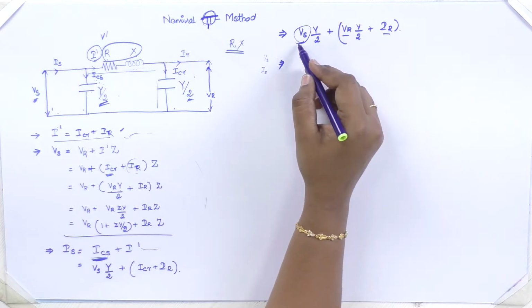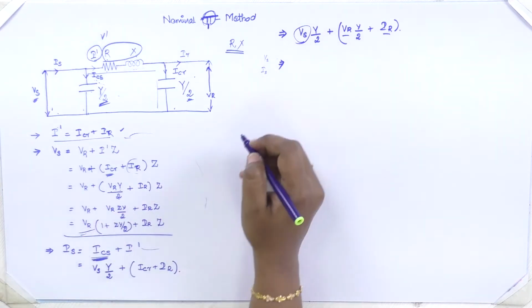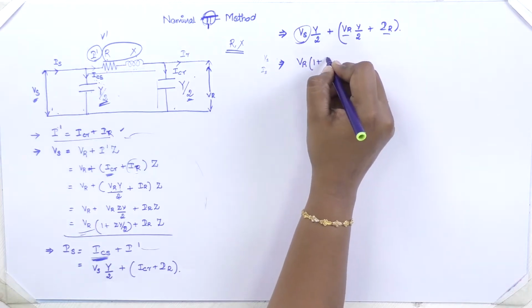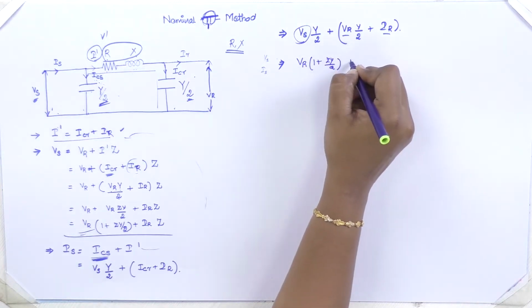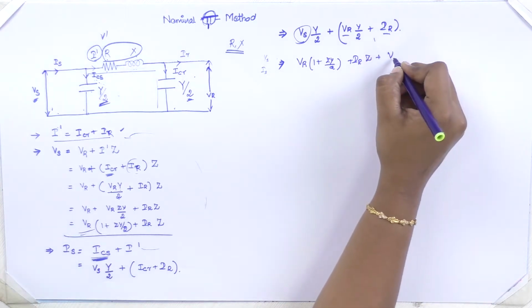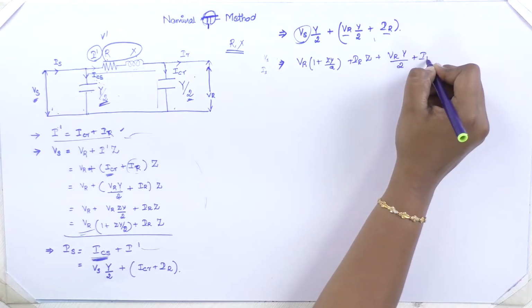I want the equation in terms of VR and IR. I don't want Vs. Instead, I am substituting the value of Vs. We have already calculated that as VR into 1 plus ZY by 2 plus IR into Z, plus this term VR into Y by 2 plus IR.